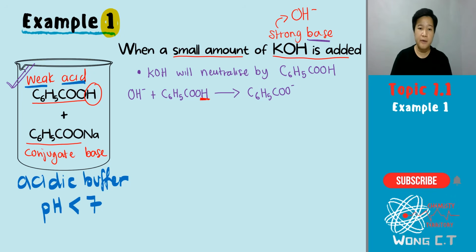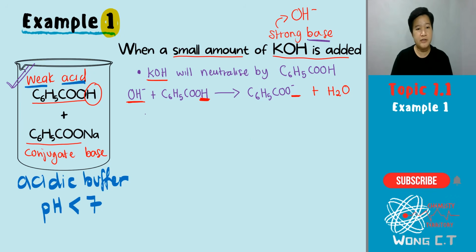The H plus in the weak acid will be used to neutralize the OH minus. That's why you will be missing the H plus and then forming a byproduct of water. Can you see that? Okay, that is how your weak acid will neutralize the KOH.